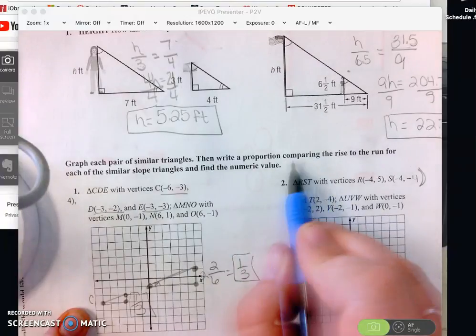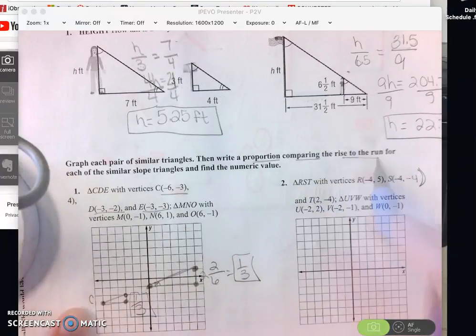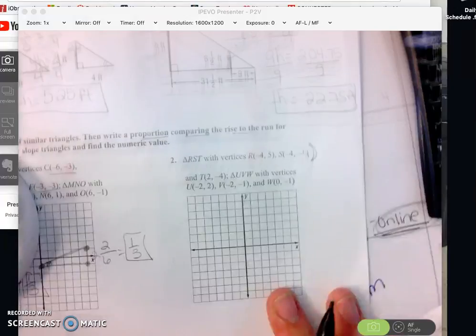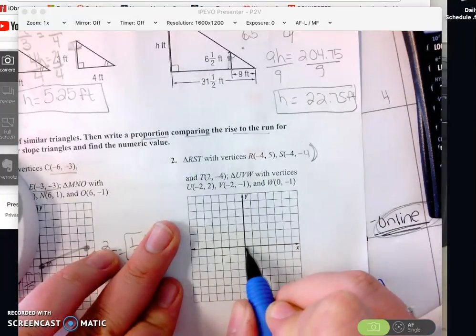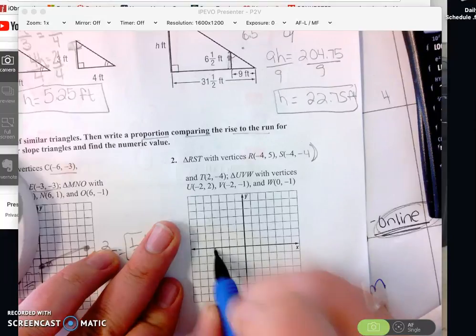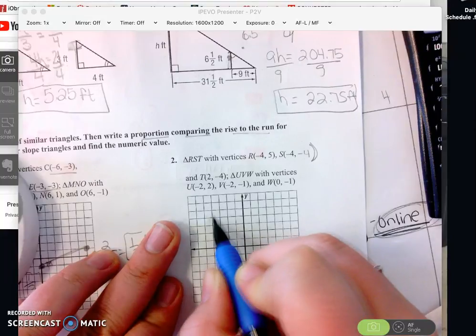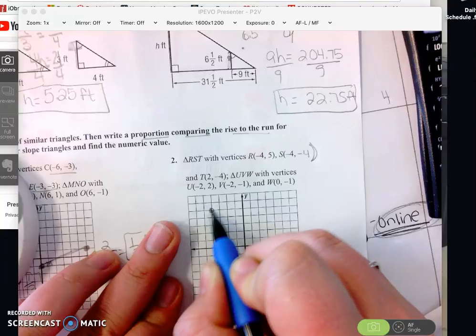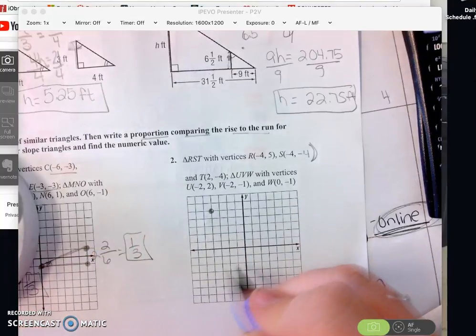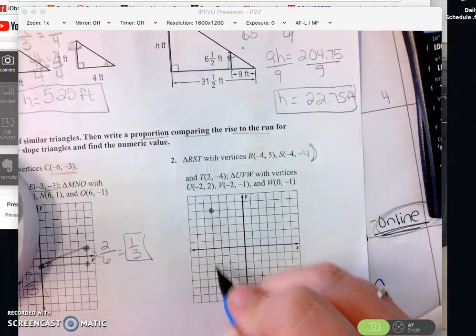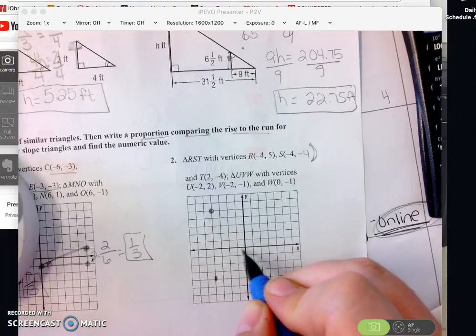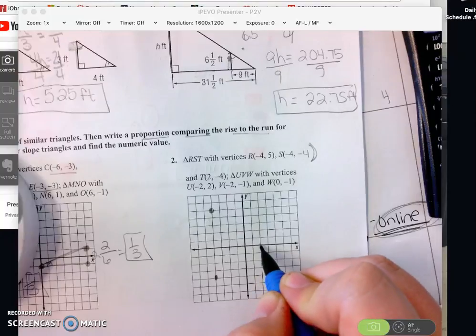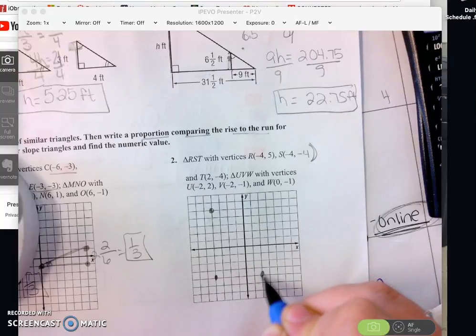Writing the proportion, comparing the rise to the run. So you're going to do the same thing over here. -4, 5. So 1, 2, 3, 4. 1, 2, 3, 4, 5. -4, 4. And then 2. 1, 2. -4.